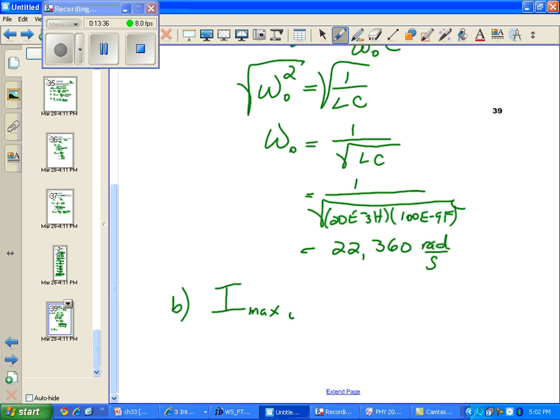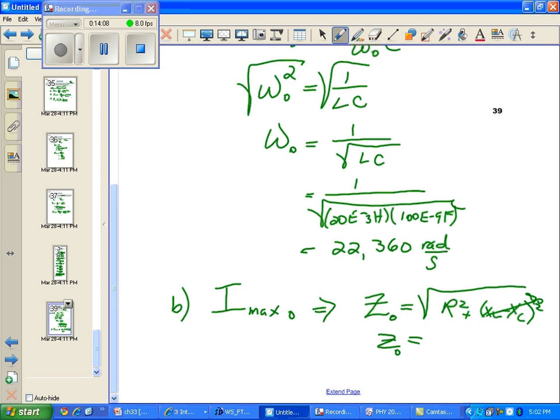We're asked to determine next the maximum value of the current at resonance. In other words, when the current is at its largest value, is at a maximum, not just maximum in terms of amplitude, but maximum because Z is at its minimum. And if you recall, because of the condition that X_L is equal to X_C, X_L minus X_C is 0.